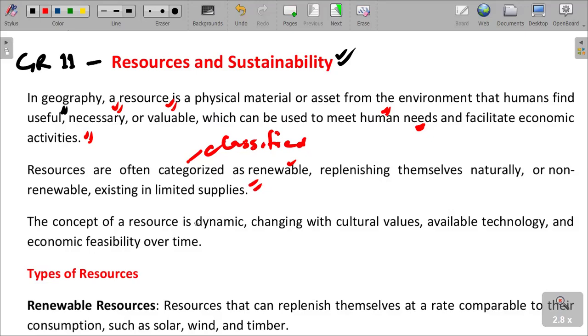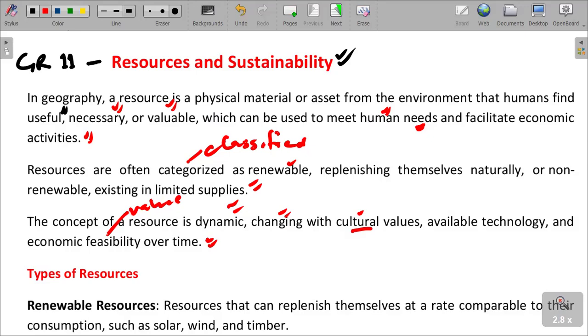Now, what we need to understand is that the concept of a resource is dynamic, meaning it is changing with cultural values, available technology, and economic feasibility over time. By economic feasibility, we mean the economic importance, the economic value over time. You know very well that time changes everything.